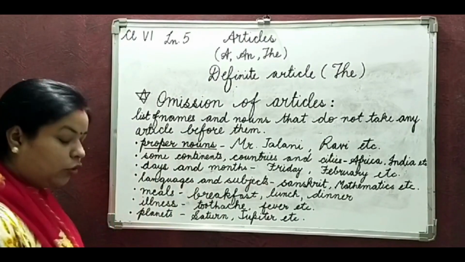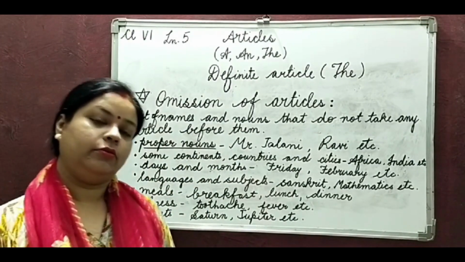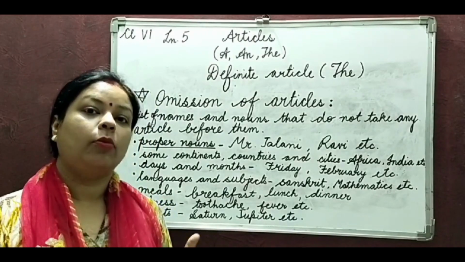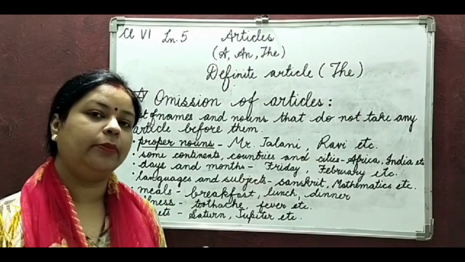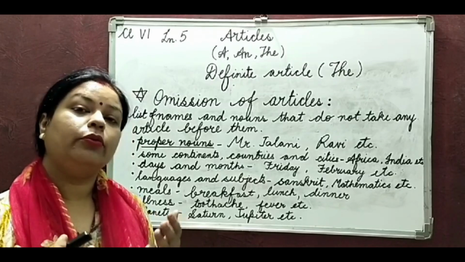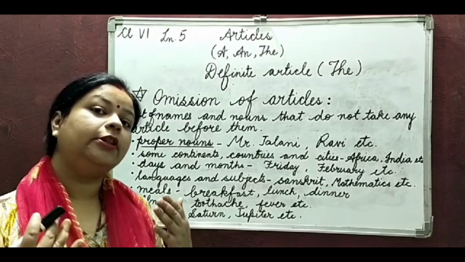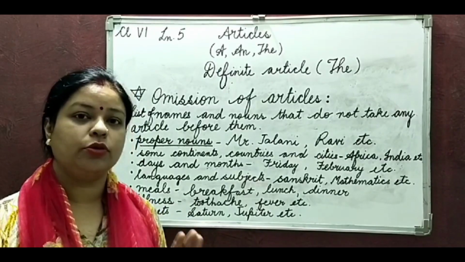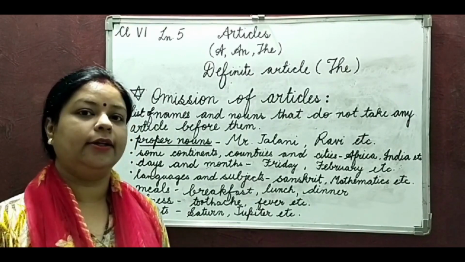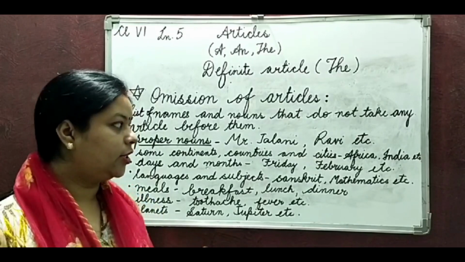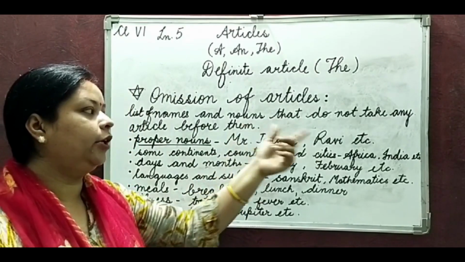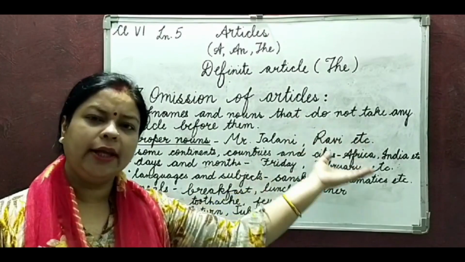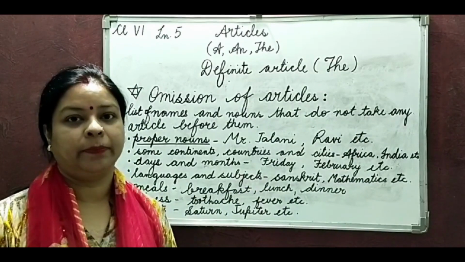We should always remember, children, that proper nouns are specific names of any person, place or thing. We do not use any article before names of persons, for example Mr. Jalani or Ravi or any other name of a person.